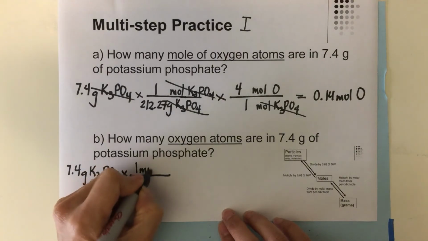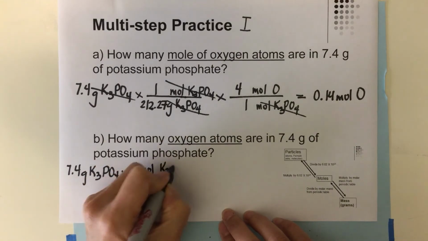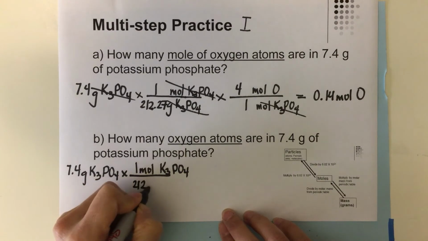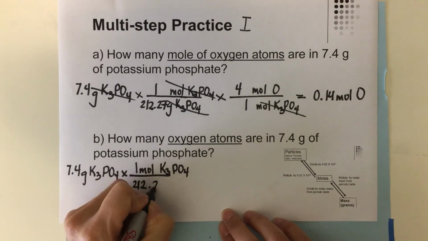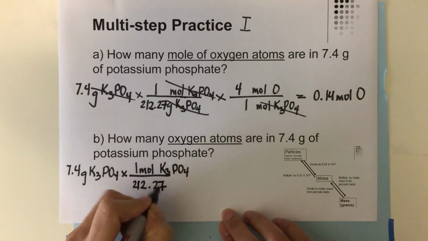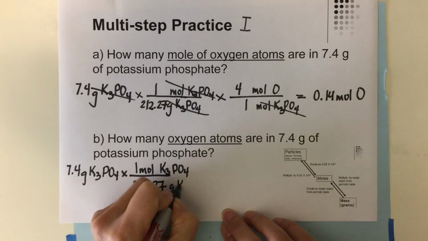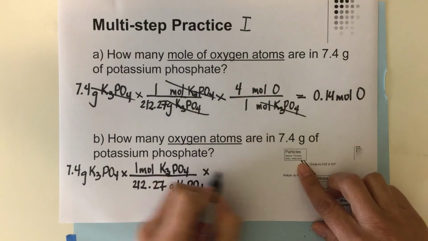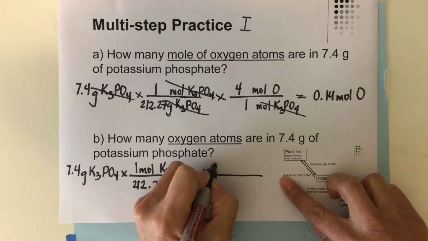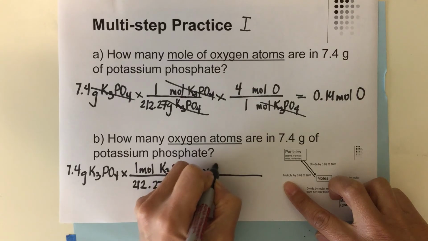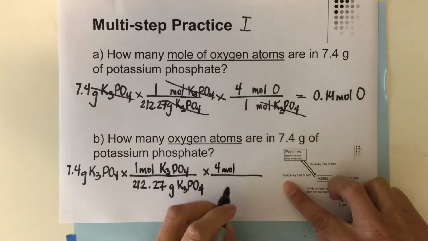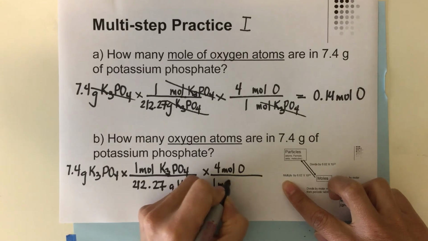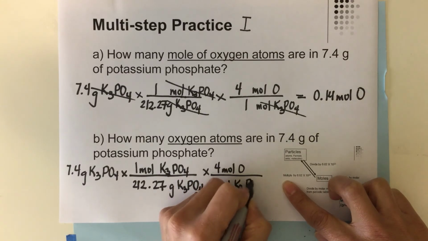So 1 mole of K3PO4, and I'm going to go right to the conversion factors because I know it's the same setup here, following just the top conversion. There are 4 moles of oxygen to every 1 mole of K3PO4.